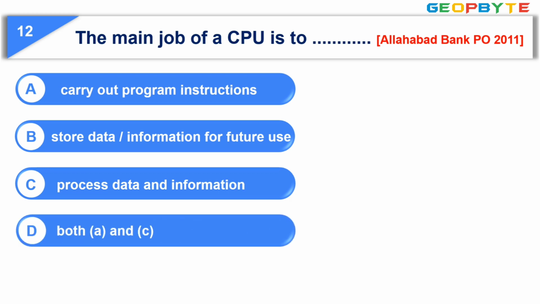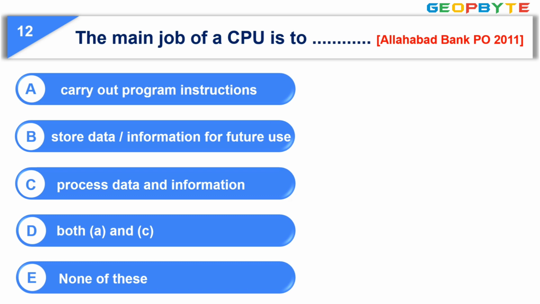Option D, both A and C. Option E, none of these. And the correct answer is option D. That means carry out program instructions and process data and information.